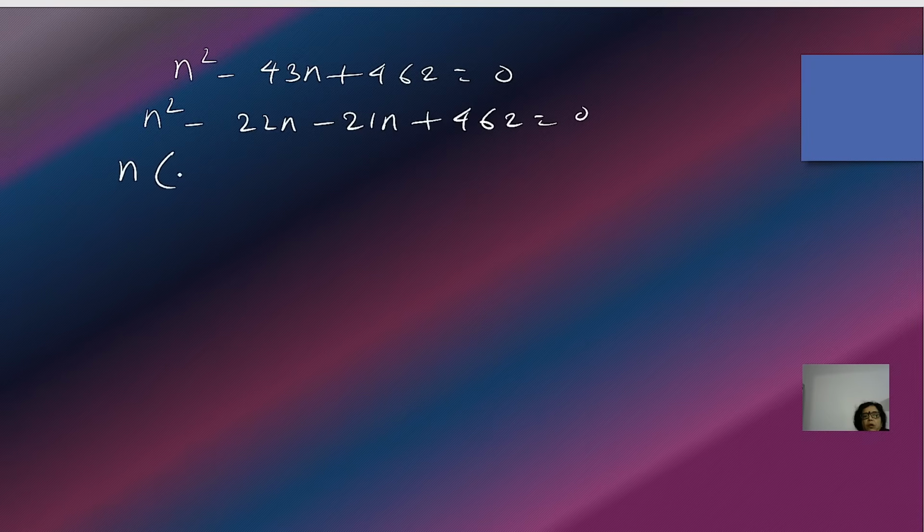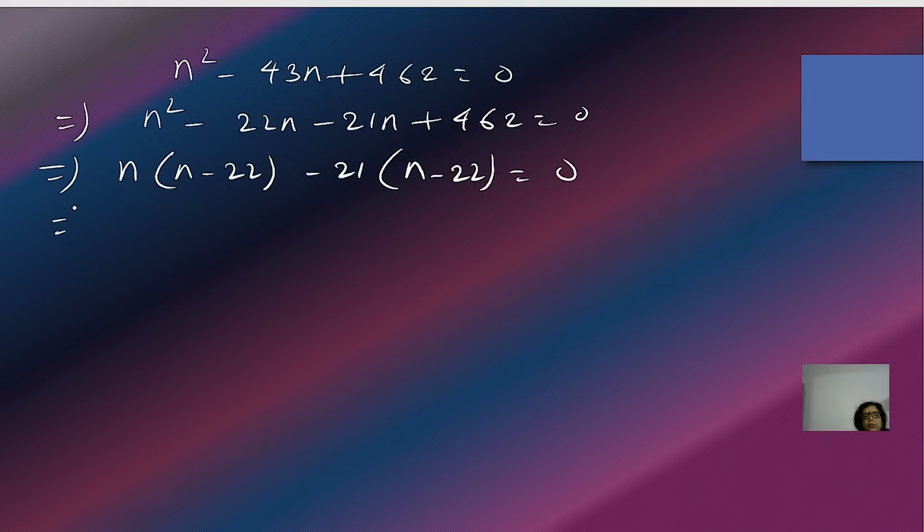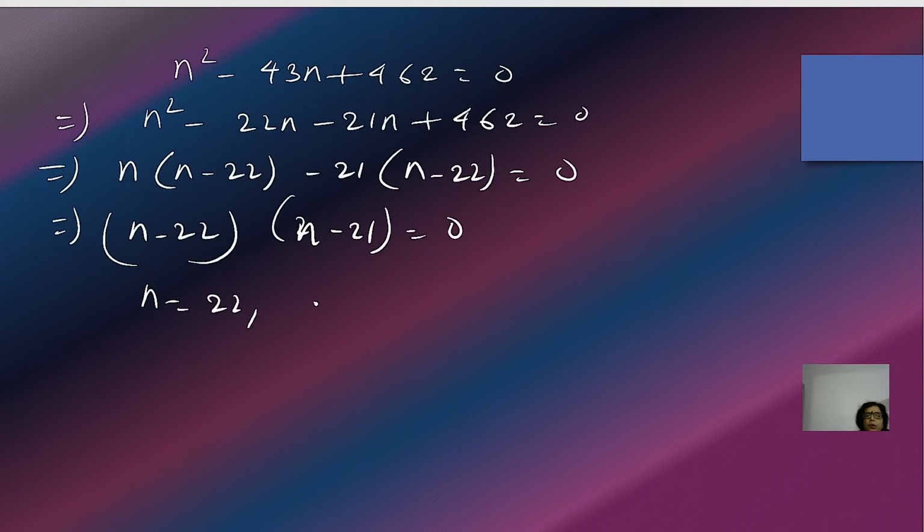So take out n common, n minus 22, minus 21 common, n minus 22 is equal to 0. So we get two factors, n minus 22 and n minus 21, equal to 0. So n is equal to 22 or 21.